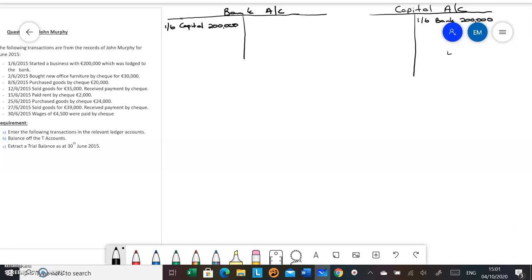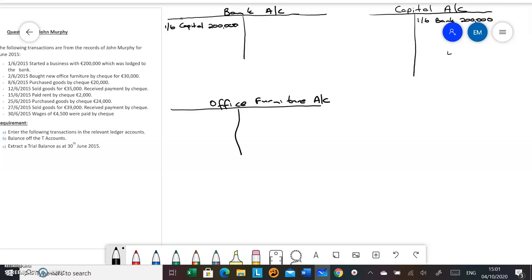So we will now open an office furniture account. So the purchase of the new furniture of €30,000 gives rise to an asset.